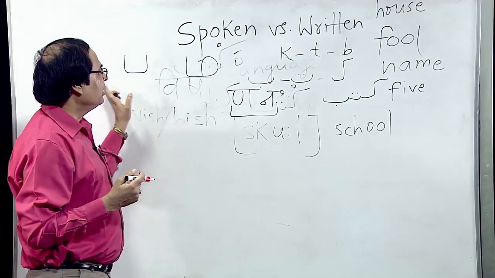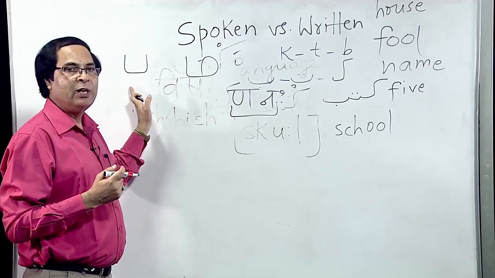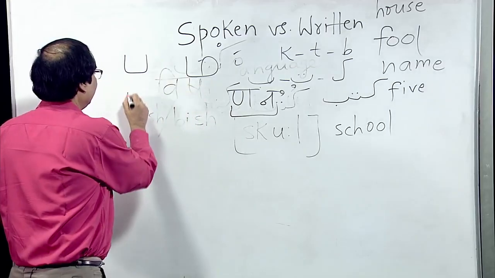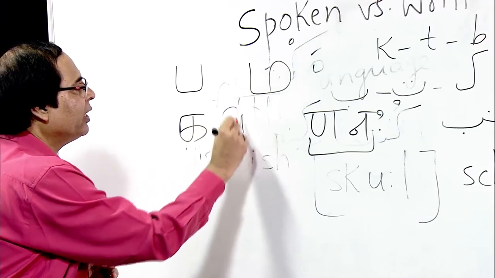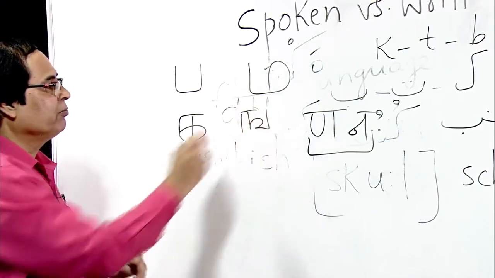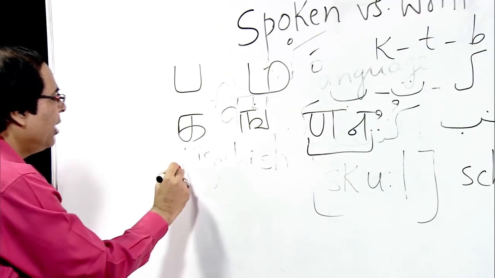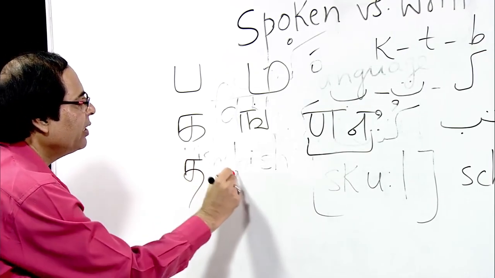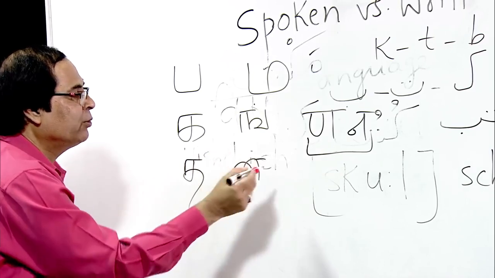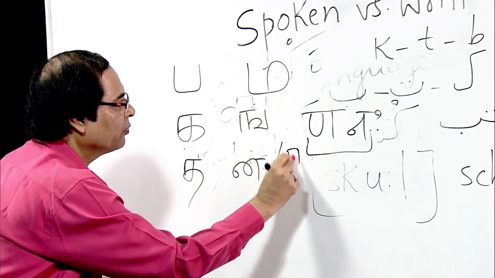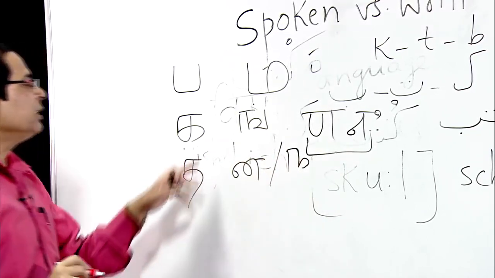In Tamil, in written script, you will have "pa" and then "ma" in that series. You will have "ka" and then "nga", or without that also is okay. You will have "ta" and then "na". There are two "na"s, so that is not necessary for us.